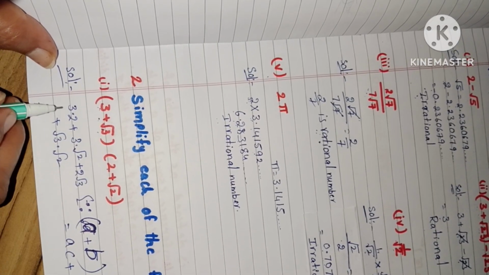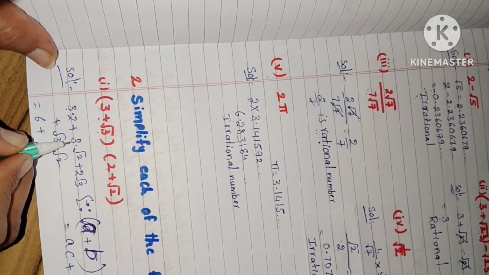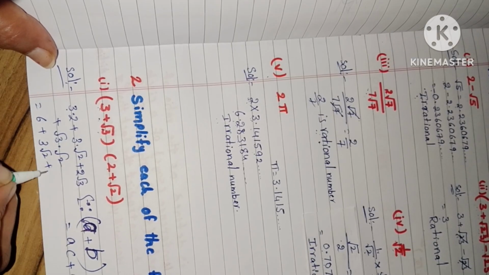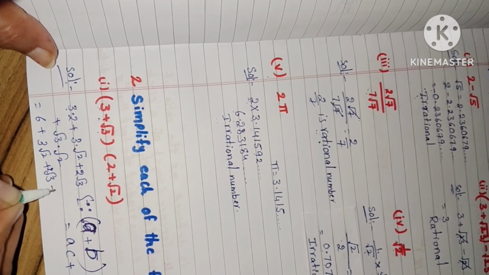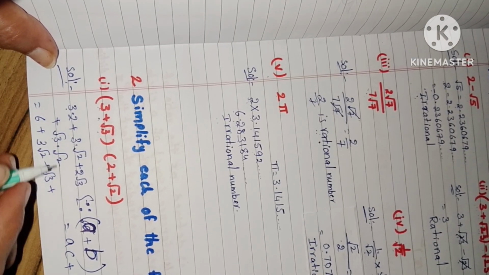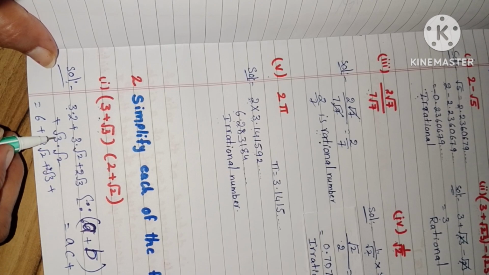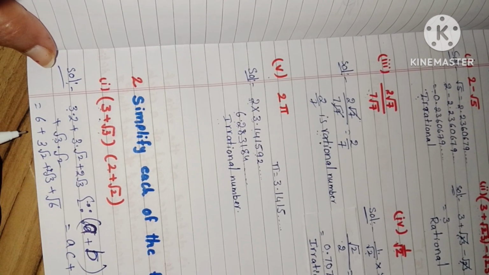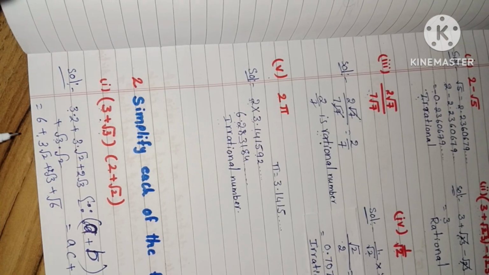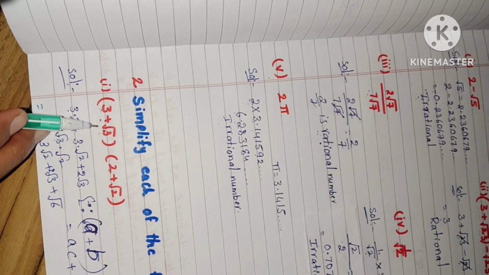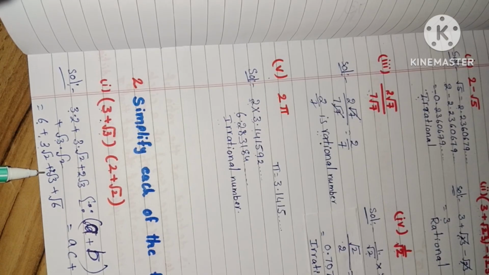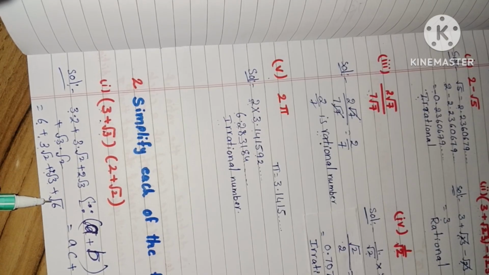Simplify this. 3 times 2 is 6 plus 3 times root 2 is 3 root 2 plus 2 times root 3 plus root 3 times root 2. This can be written as under root 3 times 2, which is root 6. This is the answer. Simplest form of 3 plus root 3 times 2 plus root 2 is 6 plus 3 root 2 plus 2 root 3 plus root 6.